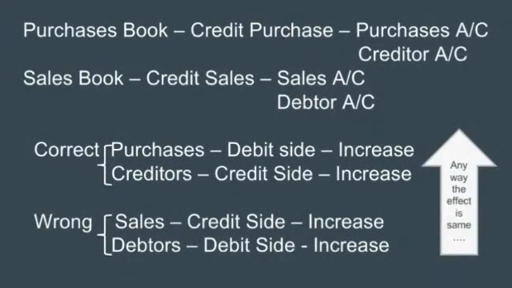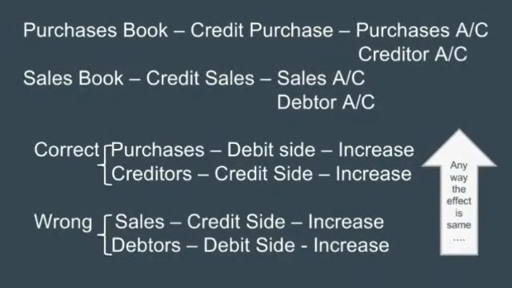But if you record it wrongly in the sales book, then the sales credit side will increase, because it means you are receiving money for some goods. Similarly, the debtors side will also increase, because it denotes the amount that you have to receive from the debtors. As you can see, the effect is the same, because on the whole the debit side and credit side increase whether you record it in the purchases book or the sales book.